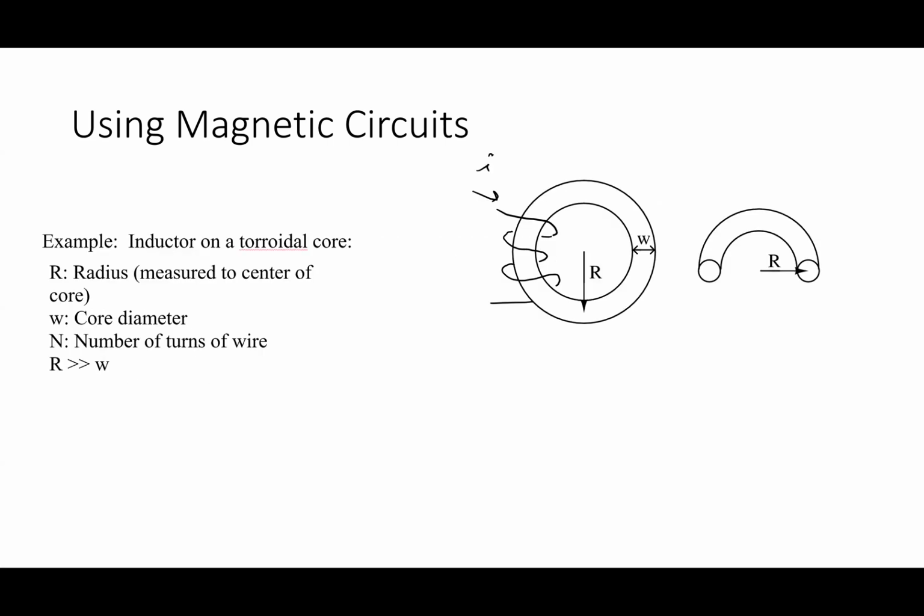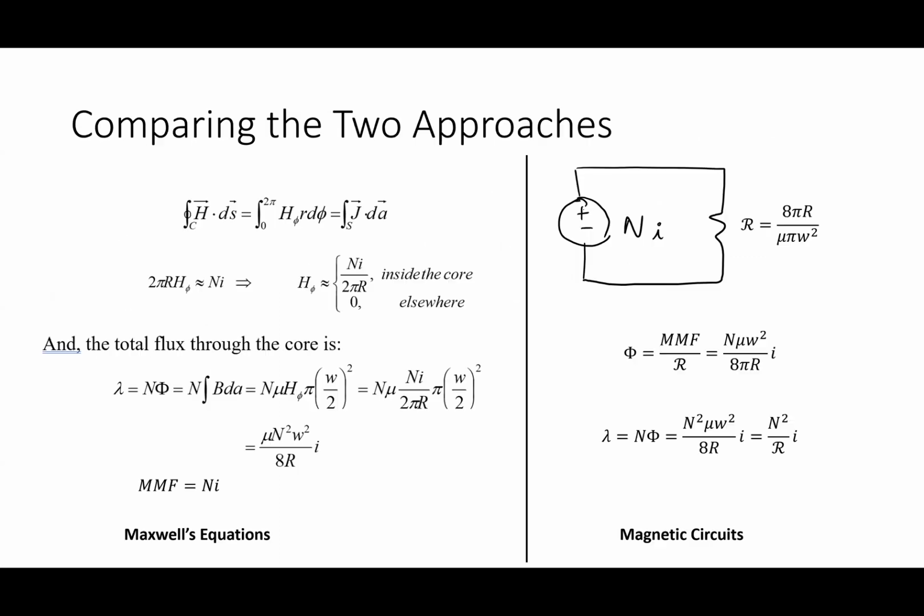Okay. So if I look at this, we basically took 2 approaches, right? This was I got lambda equals mu n squared w squared over 8R times I. This is when we did Maxwell's equations over here.